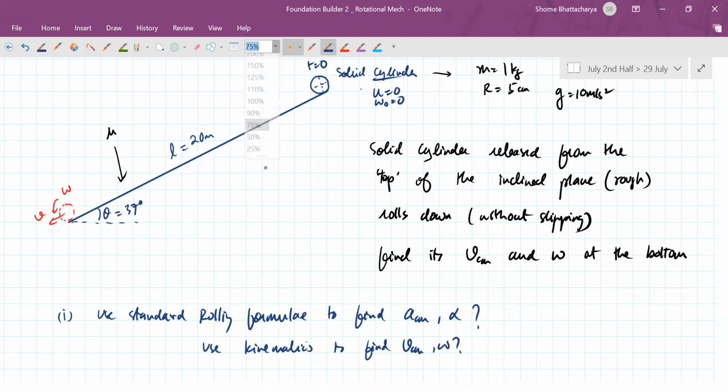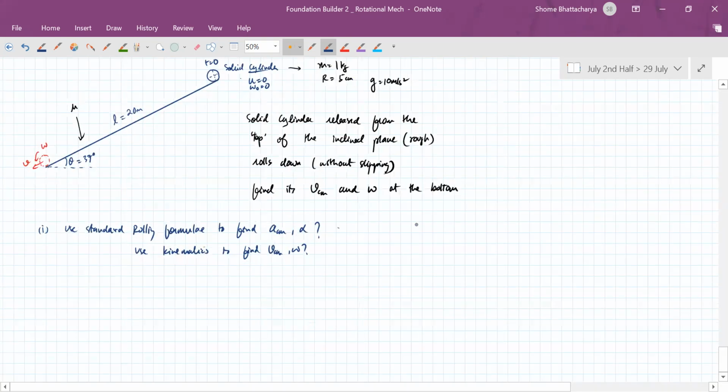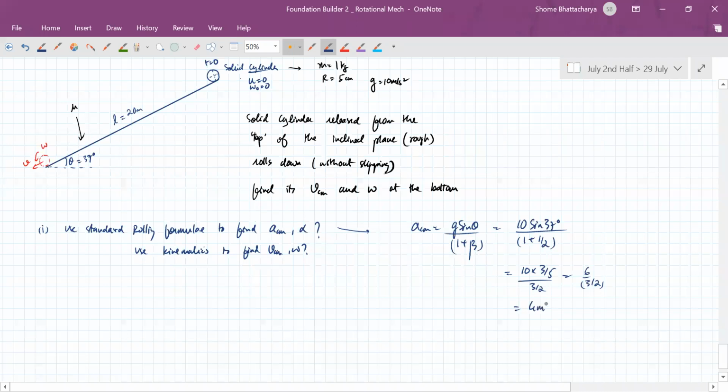Let's go with that method first. We use the standard formula. Our ACM is g sine theta upon 1 plus beta. In this case, it is 10 sine 37 degrees divided by 1 plus half, so 10 into 3 by 5 divided by 3 by 2. That is 6 divided by 3 by 2, which is 4 meters per second square. This is the acceleration of the center of mass.